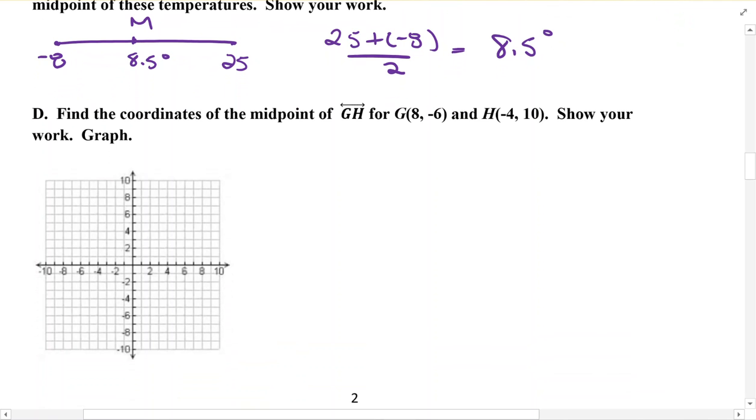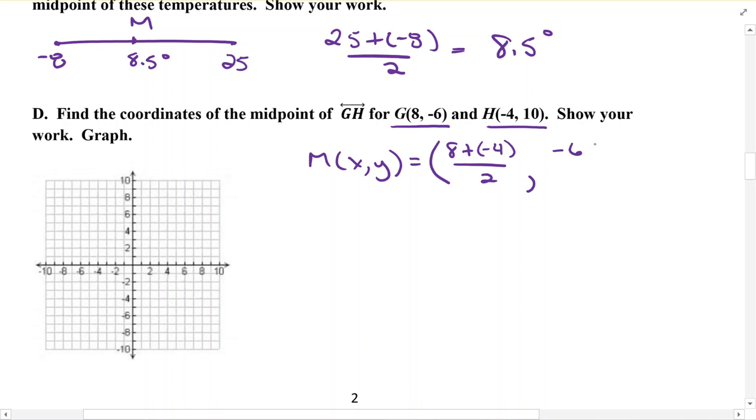To find the coordinates of the midpoint of G, which is (8, -6), and H, which is (-4, 10), we find the average of the x's and the average of the y's.